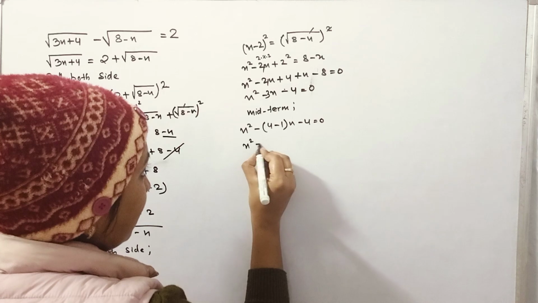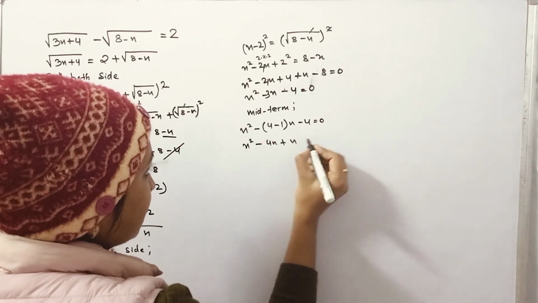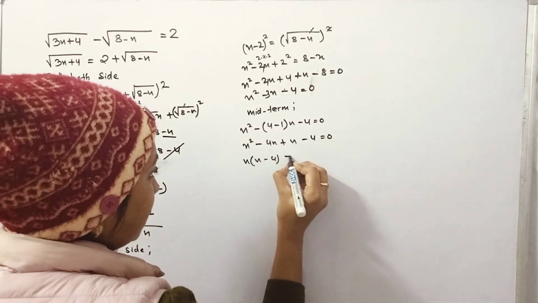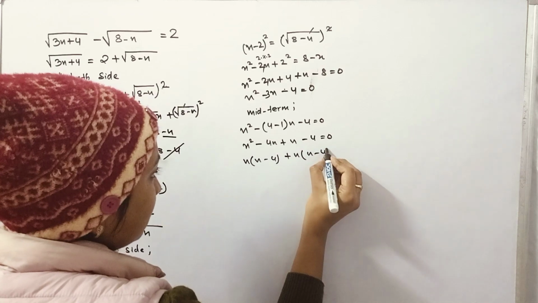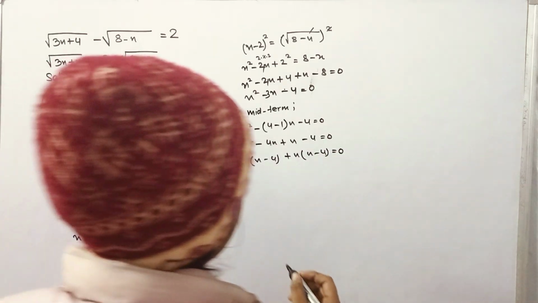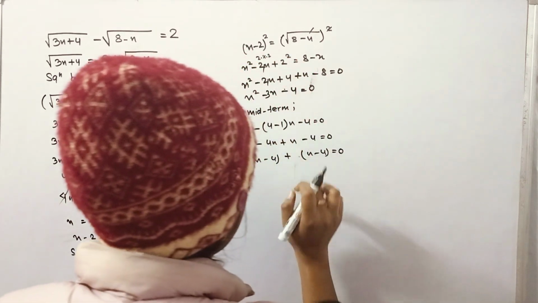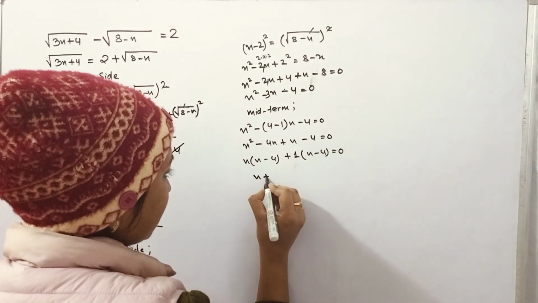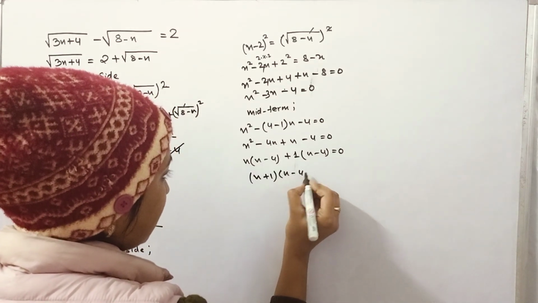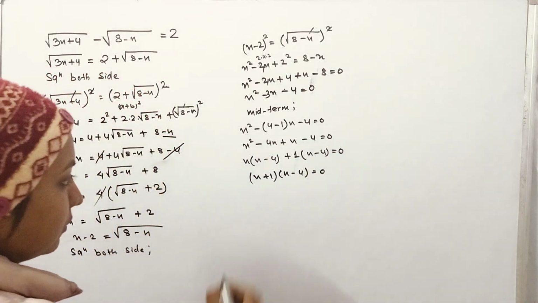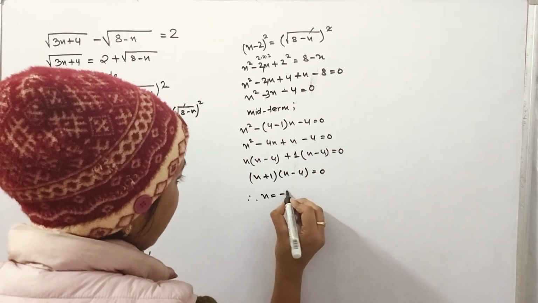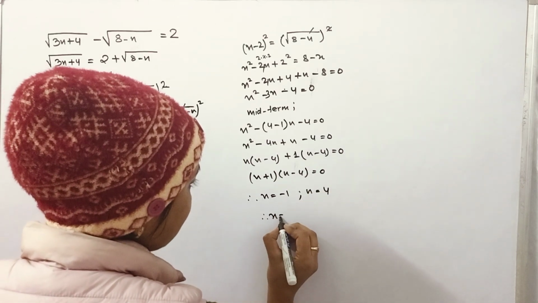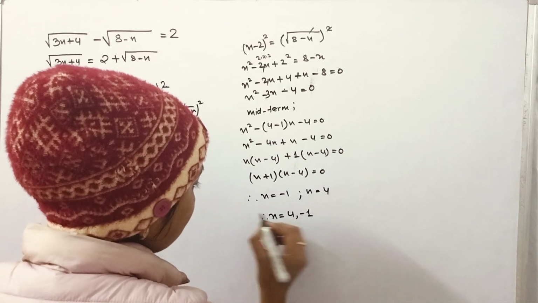So x minus 4 times x plus 1 is equals to 0. So here we have x plus 1 equals 0, and another equation is x minus 4 is equals to 0. Therefore x is equals to minus 1 and x is equals to positive 4. So the values of x are 4 and minus 1.